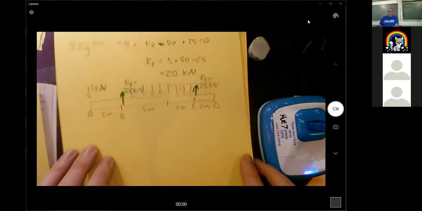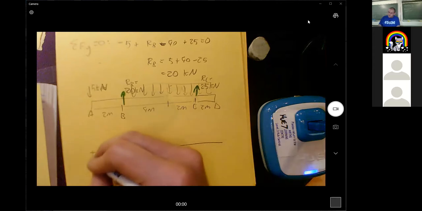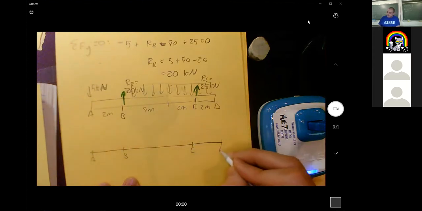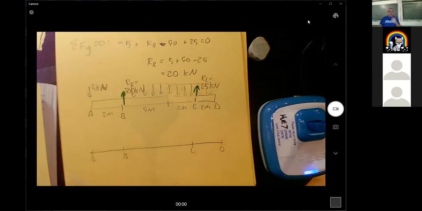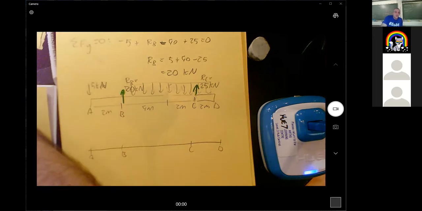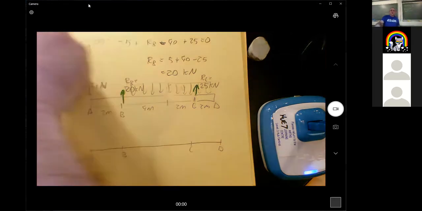So if I'm going to draw my shear force diagram, there's A, there's B, there's C, and there's D. Pretty sure this is where I want to just check the notes. Yep, okay. I'm going to follow the forces in the direction they go.